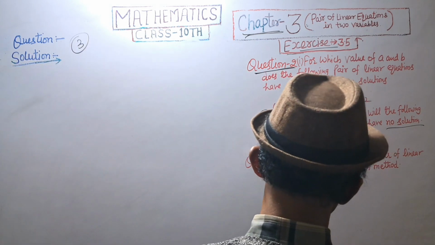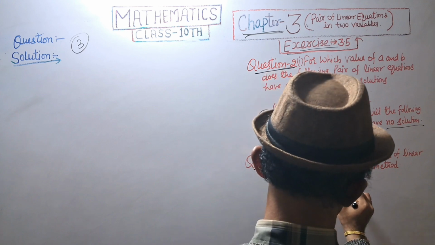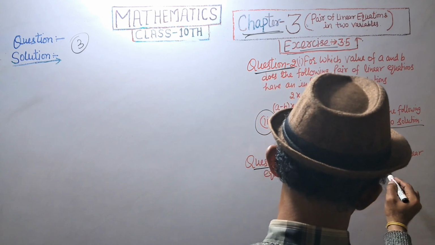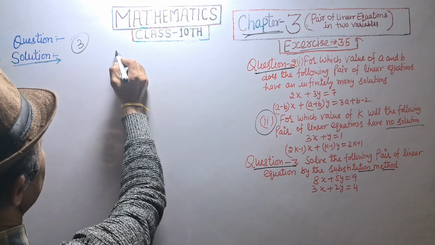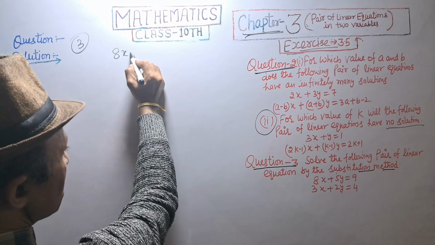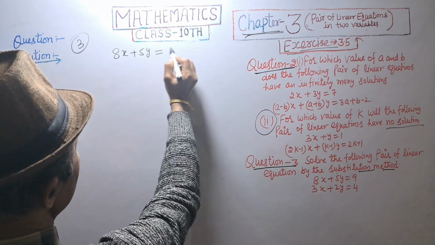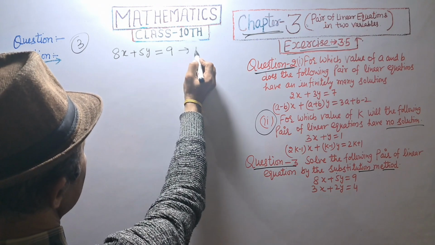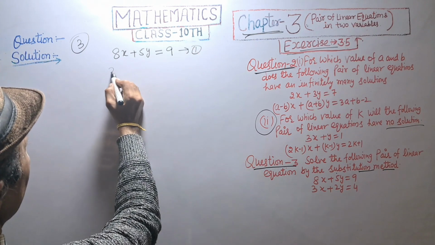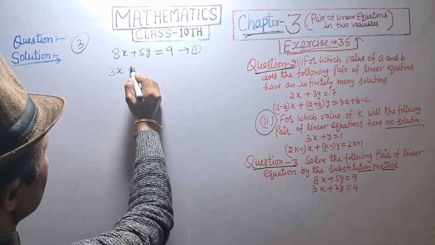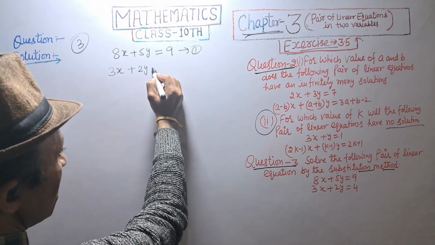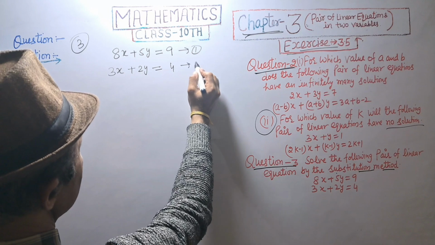Solve the following pair of linear equations by substitution method. 8x plus 5y is equal to 9, equation first. And 3x plus 2y is equal to 4, equation second.